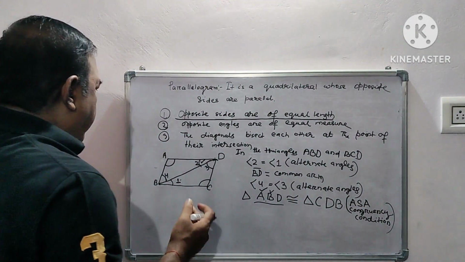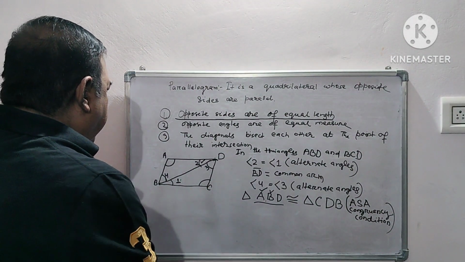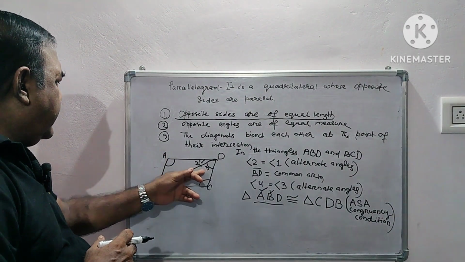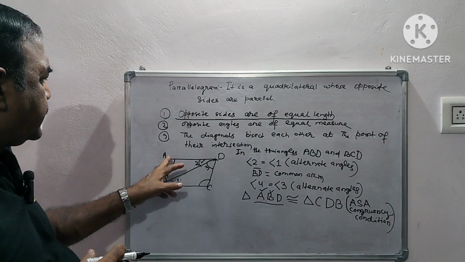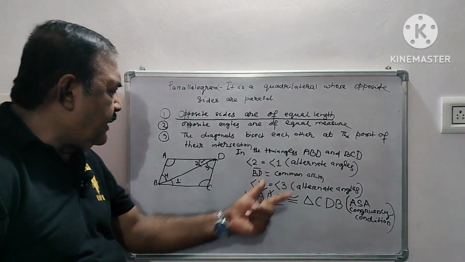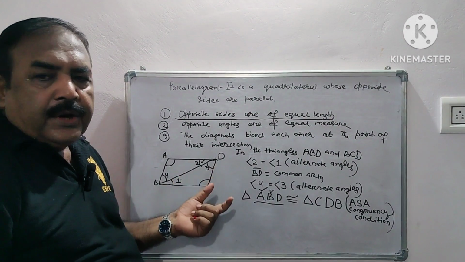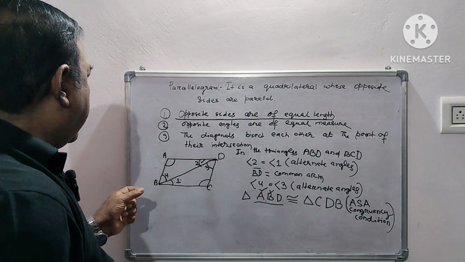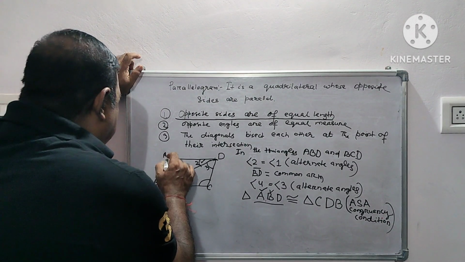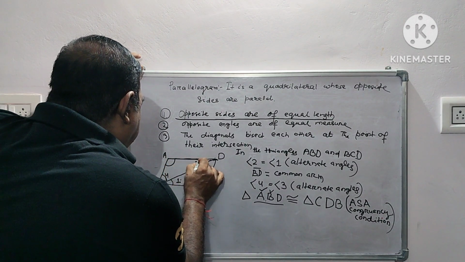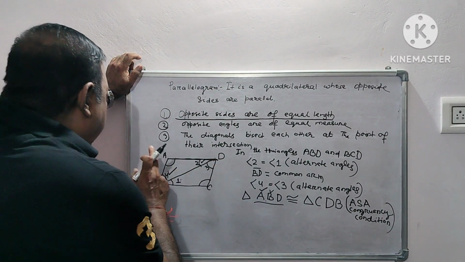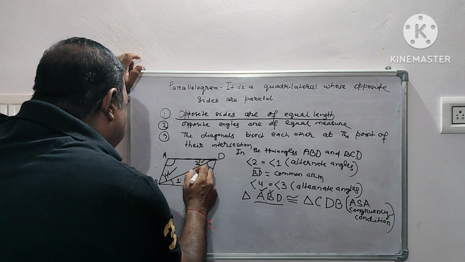And also already we have known from the very beginning that angle 2 is equal to angle 1, angle 3 is equal to angle 4. So triangle ABD and triangle CDB became congruent to each other. And we have to find the opposite sides. That means, you see, AD is the opposite side of which angle? Angle 4. And angle 4 is equal to angle 3.